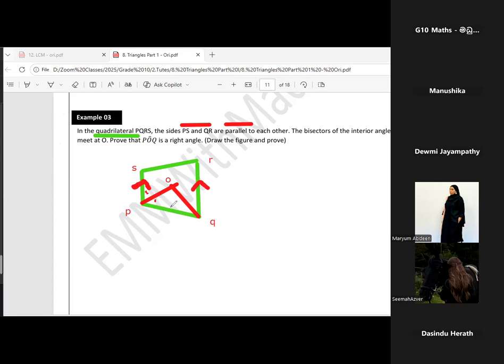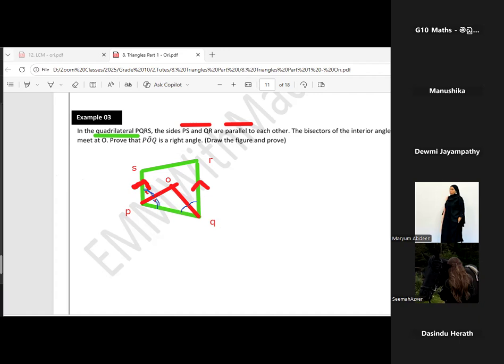My angles they equal. And I will use a different color. You need to know this angle equals this angle. Right? So this angle equals this angle. Because PO and QO are bisectors of the angle of the quadrilateral. Right? These two angles are equal. These two angles are equal.